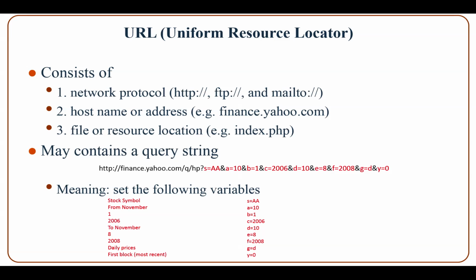So 0 is January, 1 is February, etc. B equal to 1 means that you want data from the first day. C is the year 2006. That is the starting time, ABC. And then DEF is the ending time. G equal to D means that you want the daily prices. And Y equal to 0 means that you want to get the first block of prices.